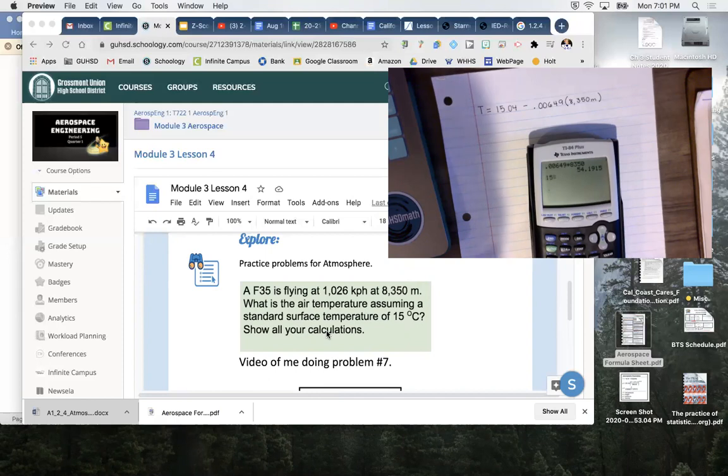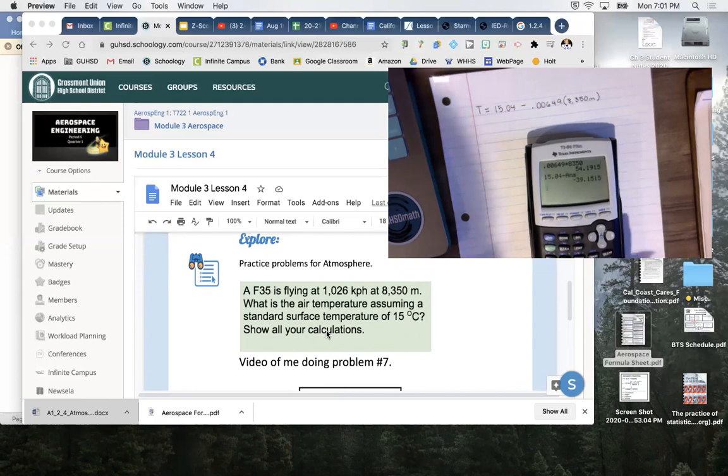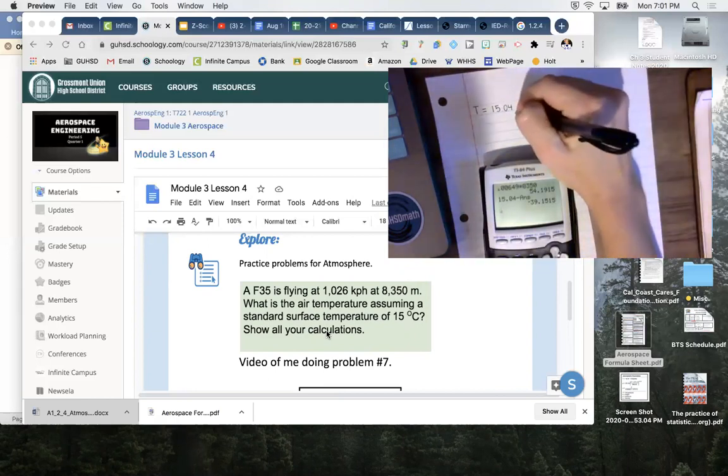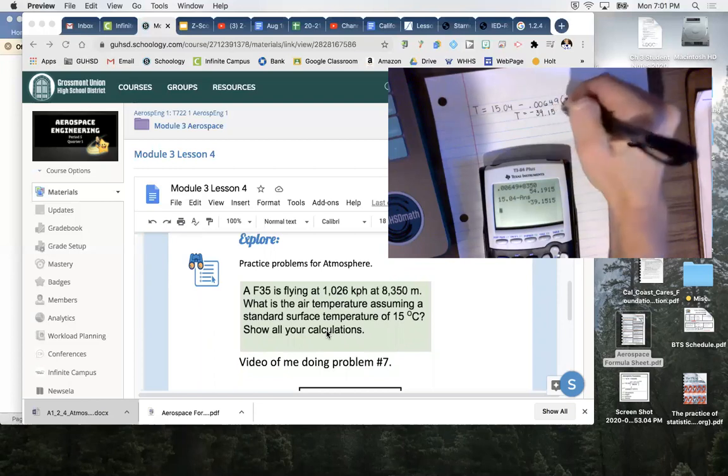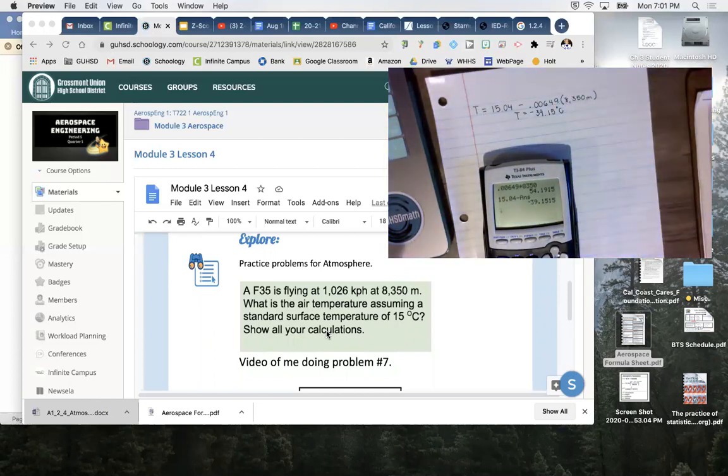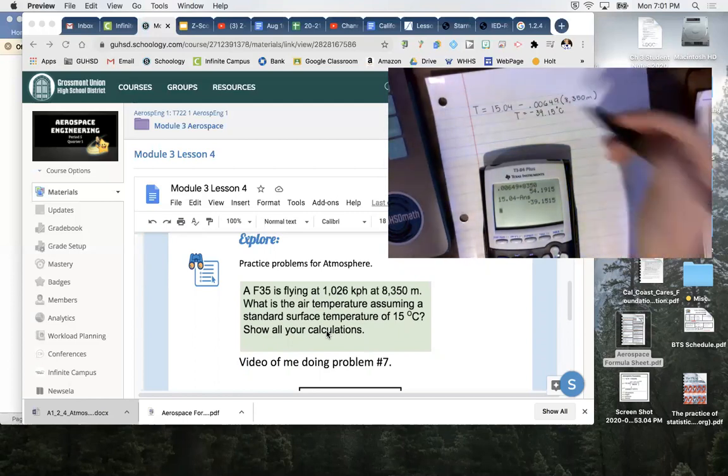I'm going to take my 15.04 and subtract that answer. And we get a temperature of negative 39.15 degrees Celsius. This is in degrees Celsius. So that is our final answer for this first one.